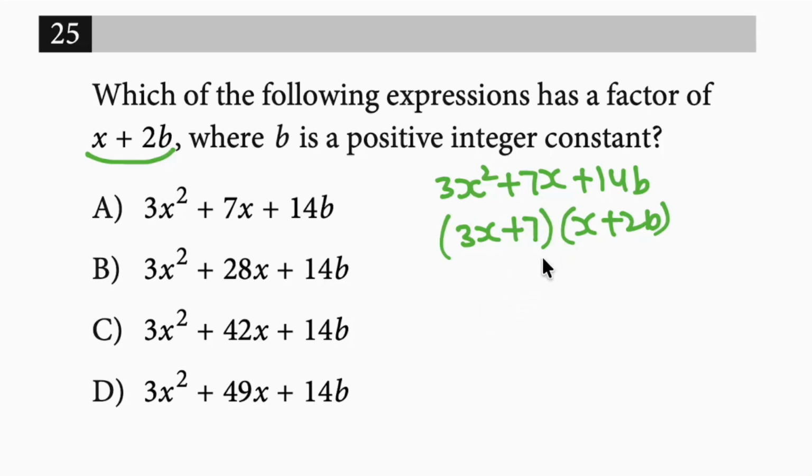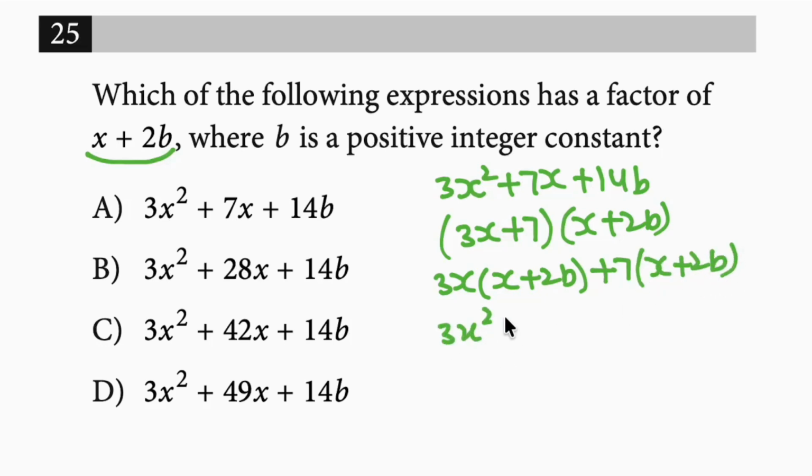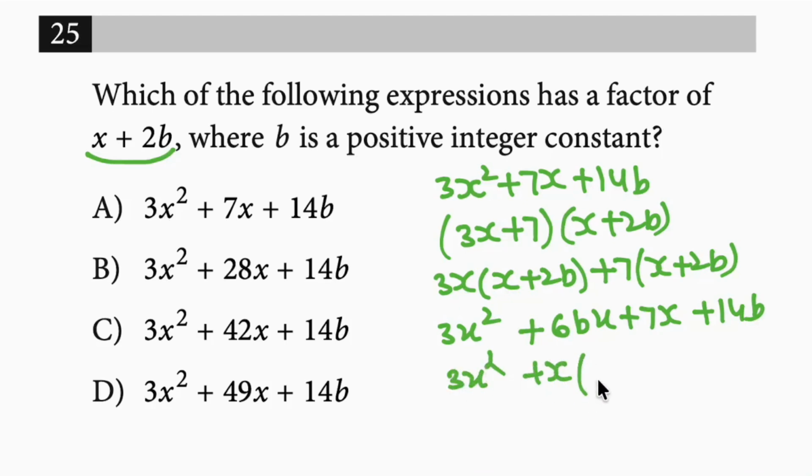Now we have to guess the value of b. If I just multiply the two expressions, 3x times x plus 2b, and plus 7 times x plus 2b, this is 3x squared plus 6bx plus 7x plus 14b. And 3x squared plus, if you take x common, the opposite of the distributive property, plus 7 plus 14b.